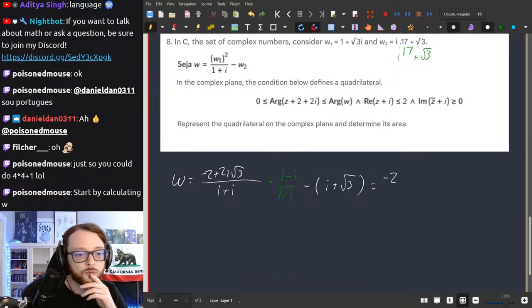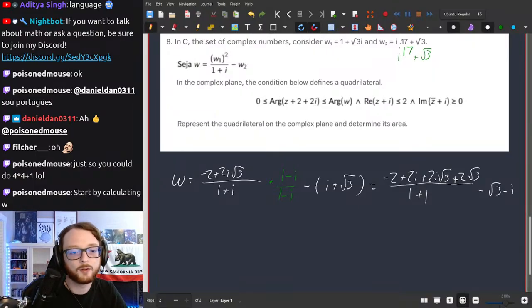Minus 2 plus 2i plus 2i root 3 plus 2 root 3. 1 plus 1 minus root 3 minus i. Okay. This is just busy work so far.